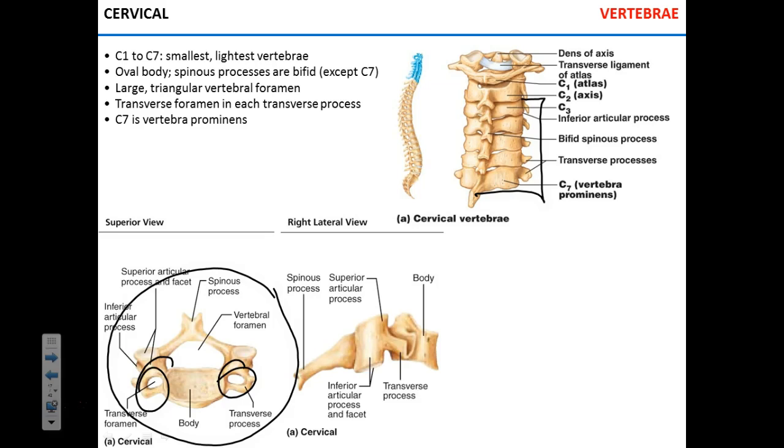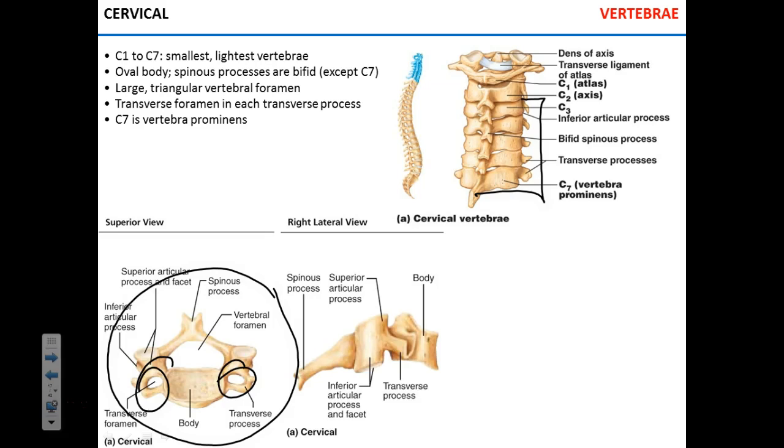Remember, the accessory nerve originates in the spinal cord, goes through the transverse foramina, and enters through the jugular foramen into the cranium. So the transverse foramina can be found only in the cervical vertebrae. Does that make sense?